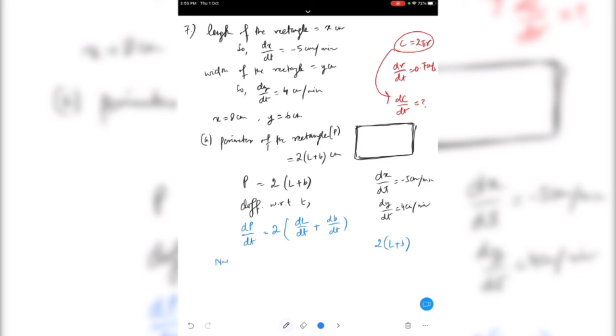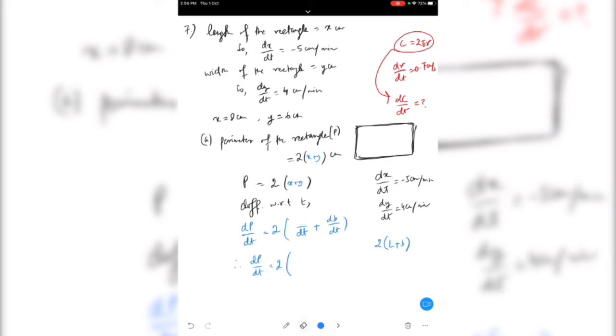Therefore dP/dt is equal to 2 into dL/dt is how much? We made a mistake. We cannot write L plus B. We have to write x plus y because length is x and width is y. I am sorry.